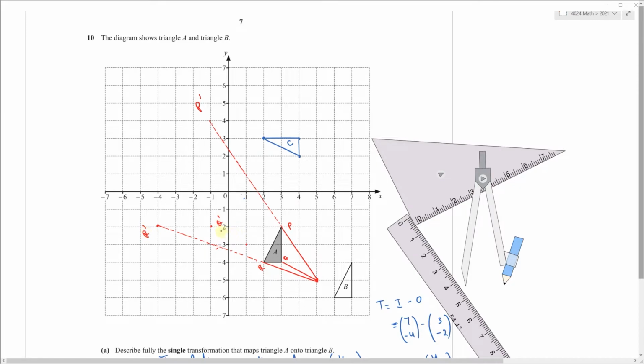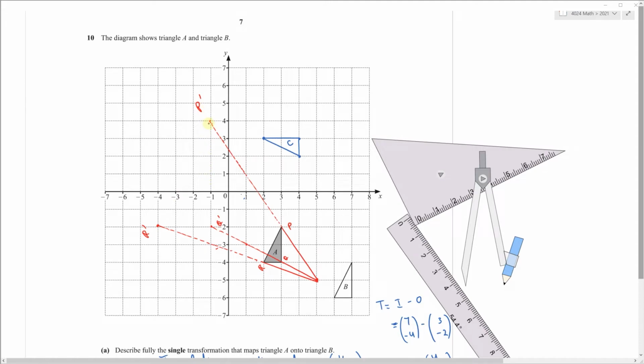I can join this with a straight line as well. And if you measure the distance of Q and compare it with Q prime, you will see that the distance of Q prime is 3 times the distance of Q from the center of enlargement. So now you have all the three vertices: 4 and minus 1, sorry, minus 1 and 4, minus 1 and minus 2, and minus 4 and minus 2.